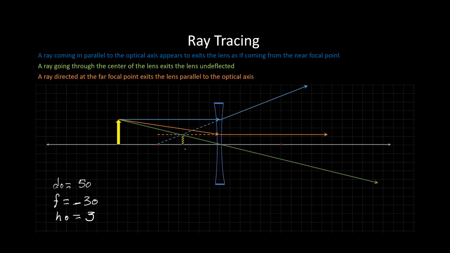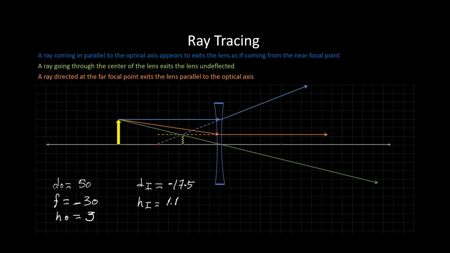And from here, we see that di is roughly 17 and a half, so roughly 17.5 with a negative, because again, it is virtual. And its height, h sub i, is a little bit over 1, so maybe like 1.25, something like maybe 1.1.